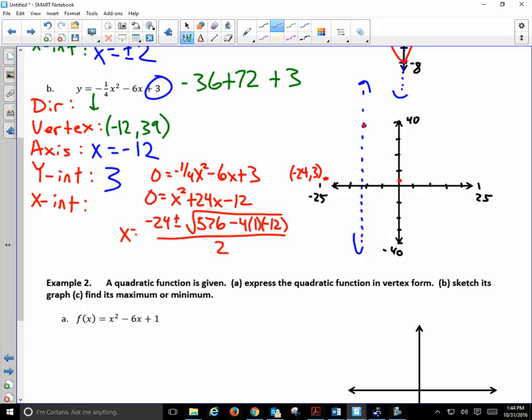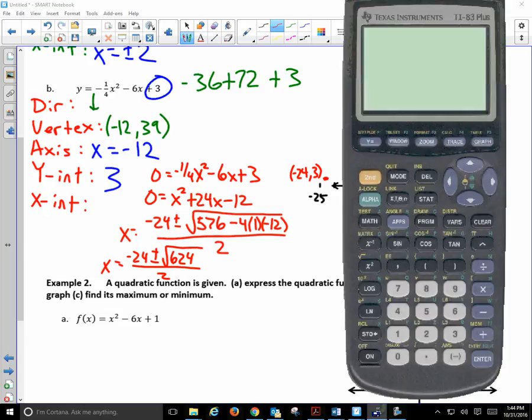So let's solidify this. We got x is equal to negative 24 plus or minus the square root of 624 all over 2. Can you simplify the square root of 624? I bet we can. I bet it's divisible by 16. Yep, 16 and 39.